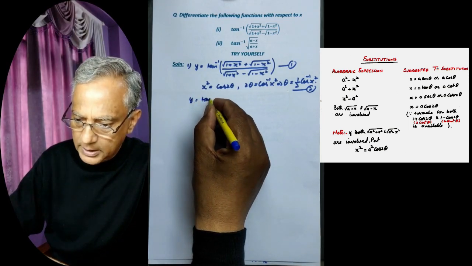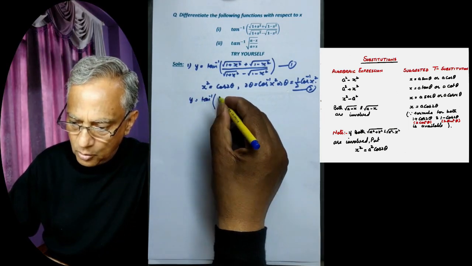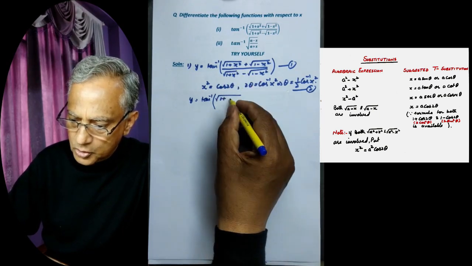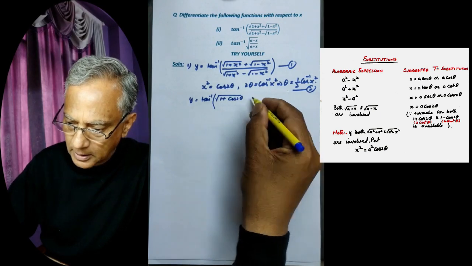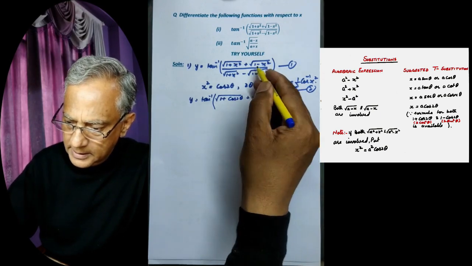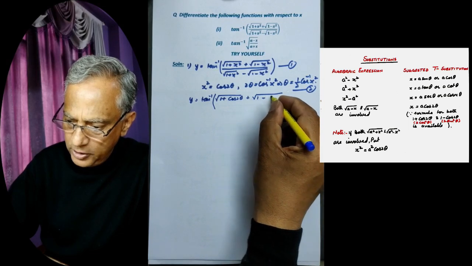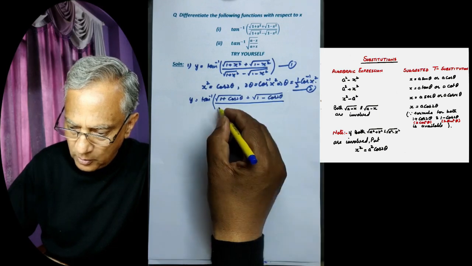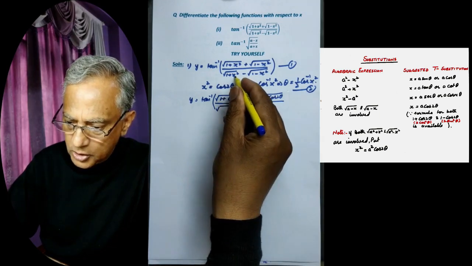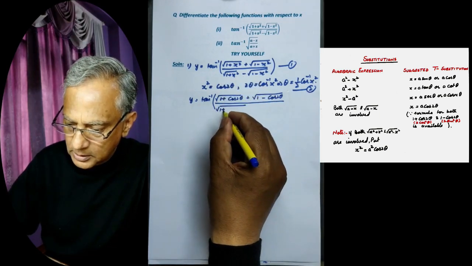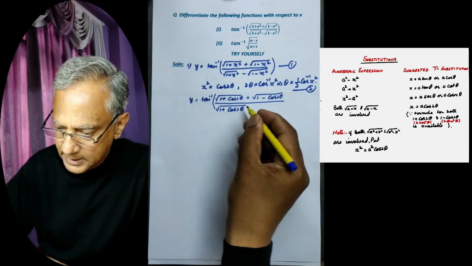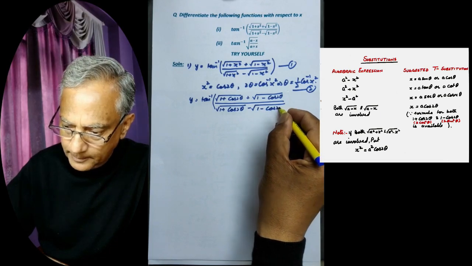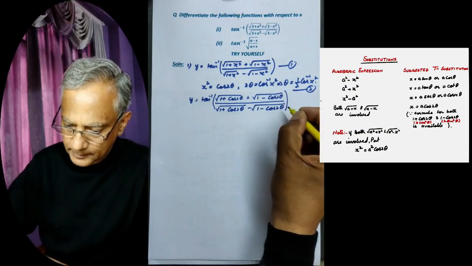Y is equal to tan inverse of under root 1 plus x square, that is cos 2 theta, plus under root 1 minus x square, that is 1 minus cos 2 theta, whole divided by under root 1 plus cos 2 theta minus under the root 1 minus cos 2 theta.